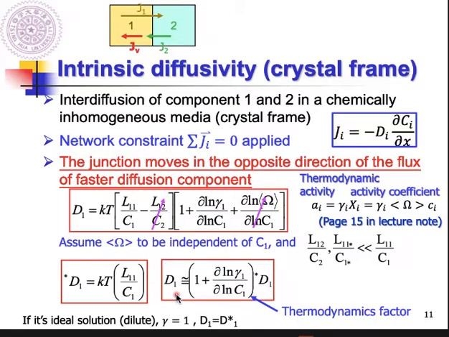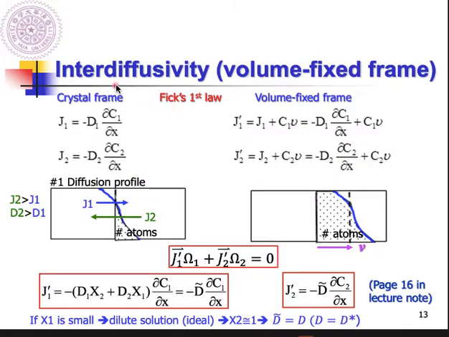The other diffusivity is the interdiffusivity. That means you stand outside your materials, so you need to make a correction to the flux. We call them J1 prime and J2 prime. Because you stand outside your material system, as long as interdiffusion happens the interface is going to move. We assume it moves to the right-hand side with velocity v.